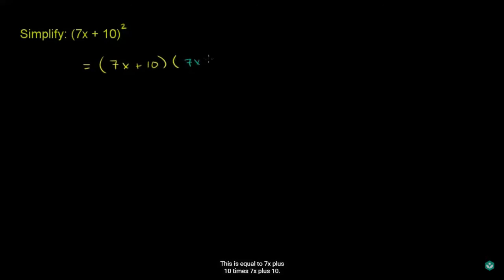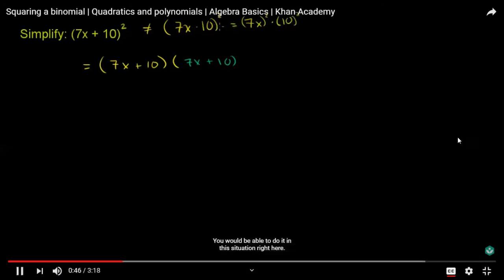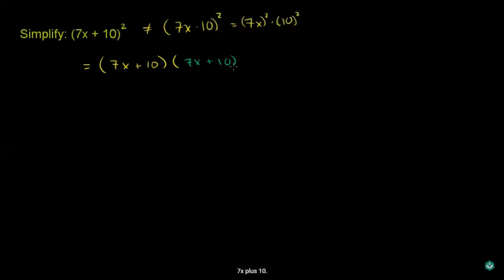Sometimes if it were 7x times 10 squared, you could say it equals 7x squared times 10 squared, but that's not what's going on here. This is 7x plus 10 squared, which is just 7x plus 10 times 7x plus 10.